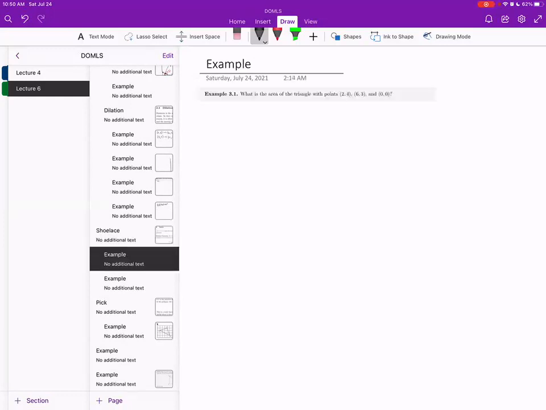So let's look at an example. What is the area of a triangle with vertices 2, 4, 6, 3, and 0, 0? For the shoelace theorem, we can list these points in order. Let's first draw a picture.